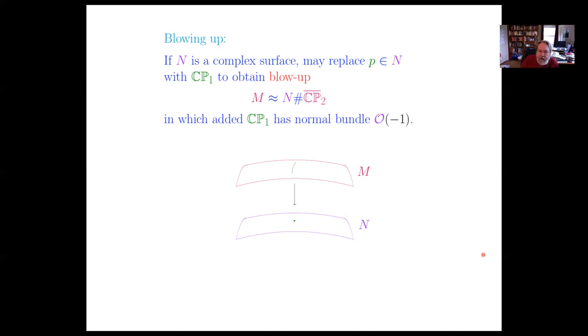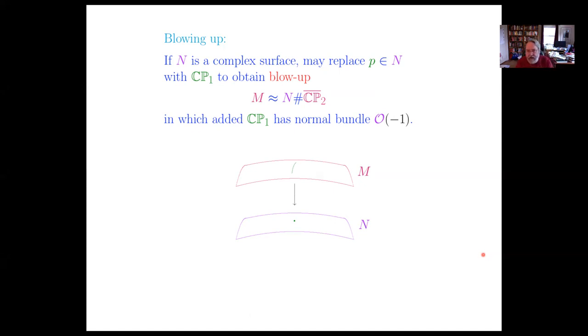The effect that has on its differential topology is that it's taking the connected sum with a CP2 bar. The reason is that CP2 bar minus 1 point can be thought of as the O(-1) line bundle over CP1 as a smooth manifold.